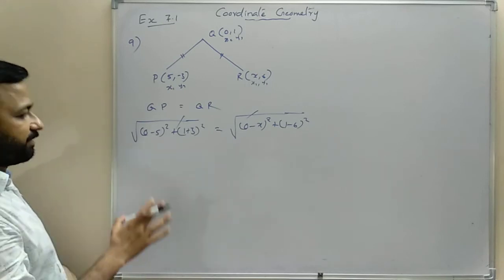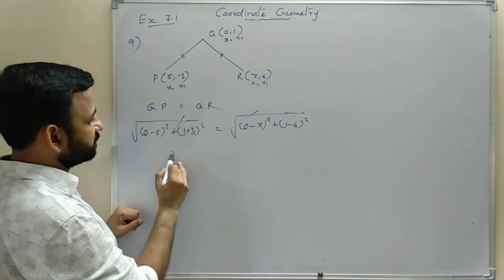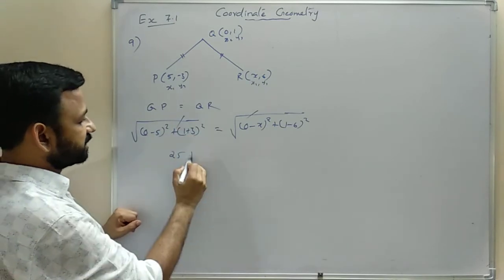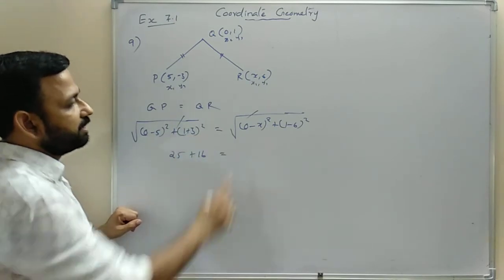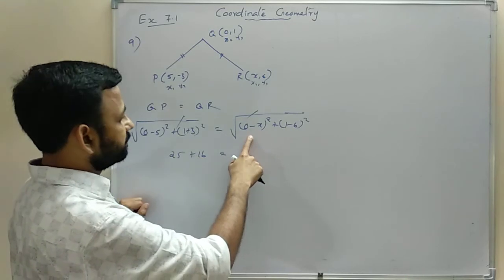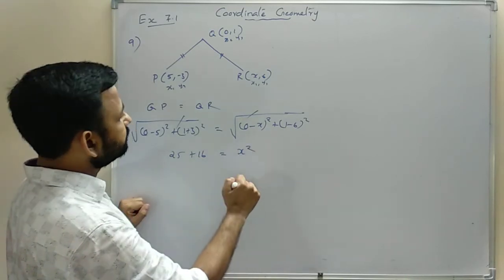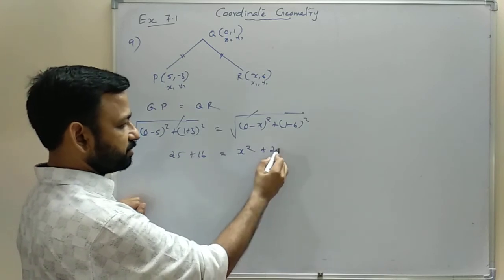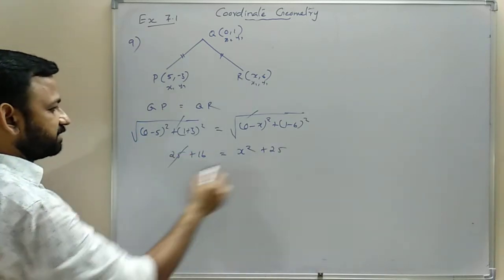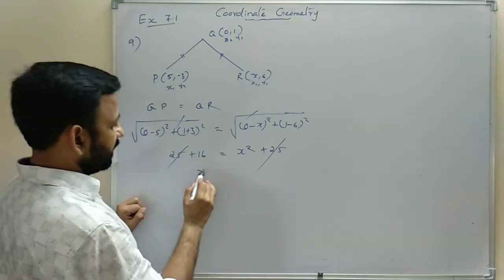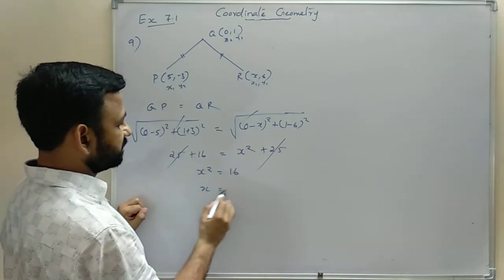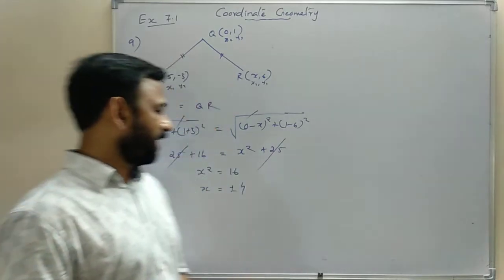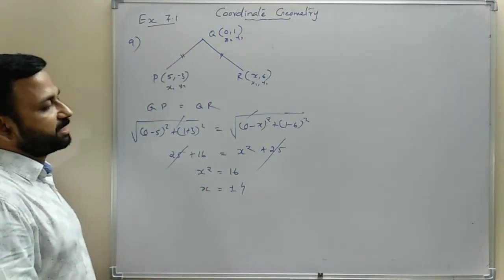Then 0 minus 5, that is minus 5, minus 5 square, that is 25. 1 plus 3, that is 4, 4 square, that is 16, equal to, right side we have x square, then 1 minus 6, that is minus 5, minus 5 square, that is plus 25, and on both the sides we have 25 cancelled. Therefore x square is equal to 16, therefore x is equal to plus or minus 4. So we have two values for x, x is plus 4 or x is equal to minus 4.